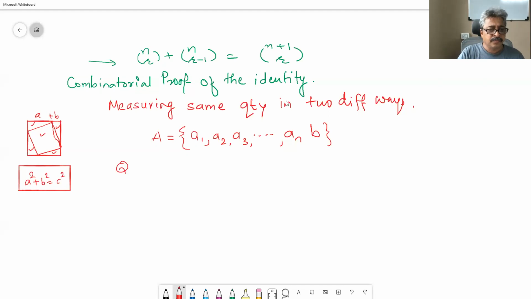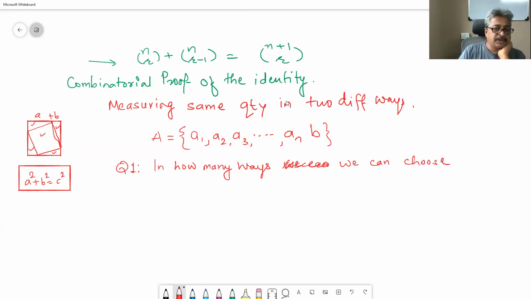Question 1. In how many ways can we choose r objects out of n plus 1 objects?